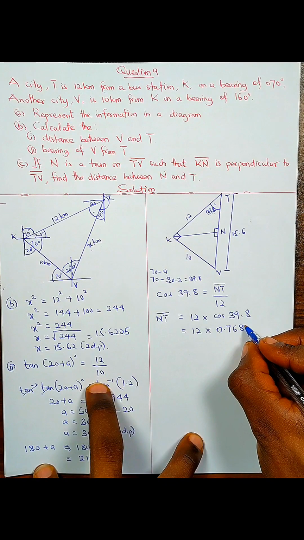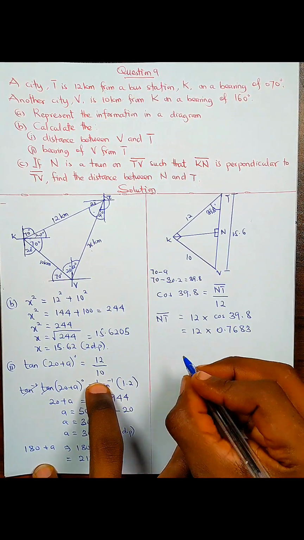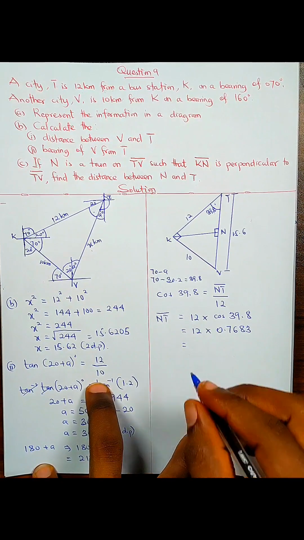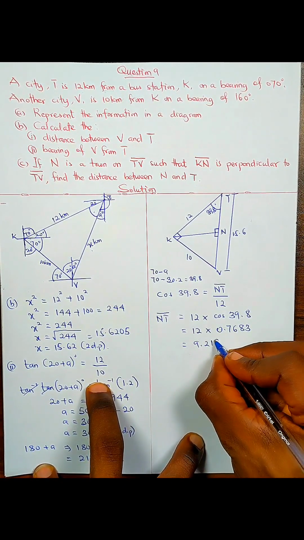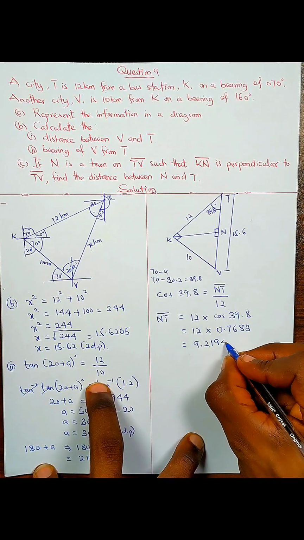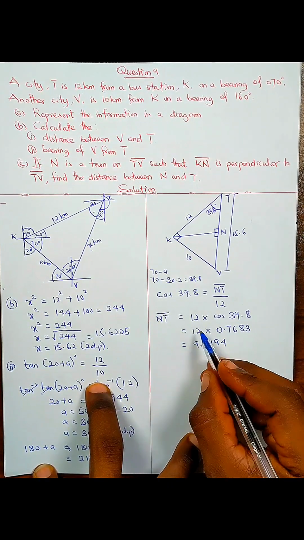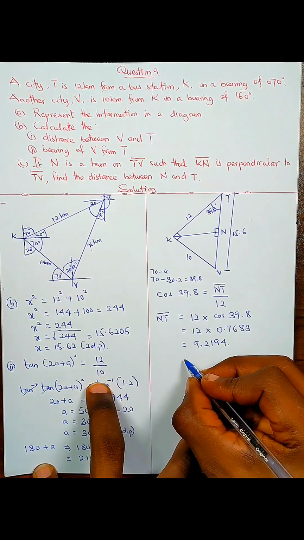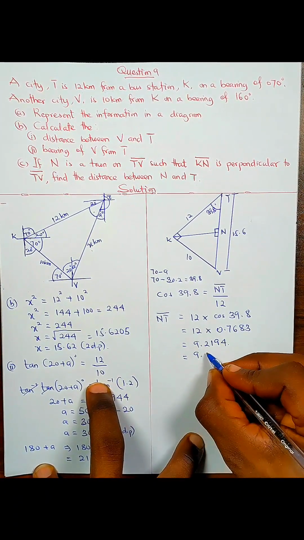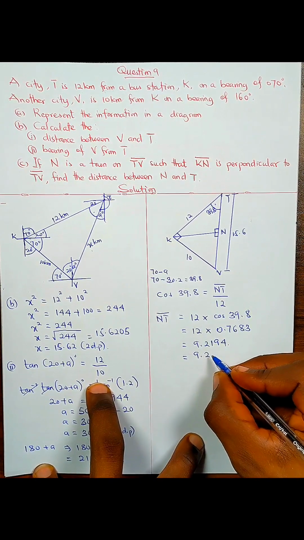So we have 12 times 0.768 and times the 12 is giving us 9.2194. Actually, this value is, after typing everything on the calculator, this is what I'm getting to 4 decimal places. So I can take it to 1 decimal place.